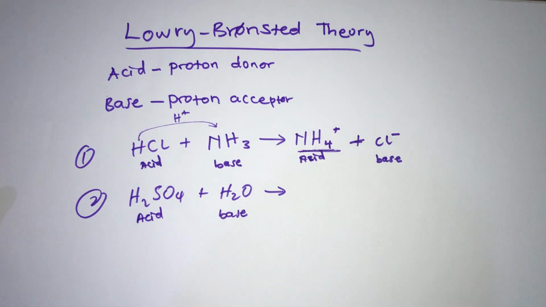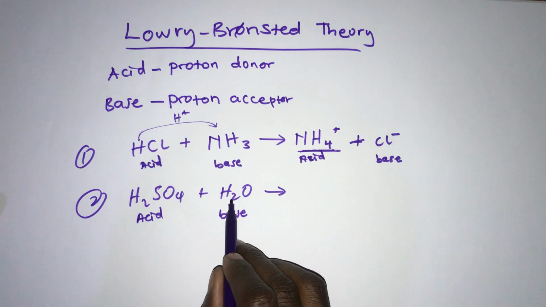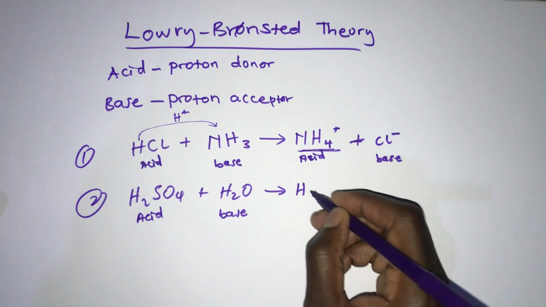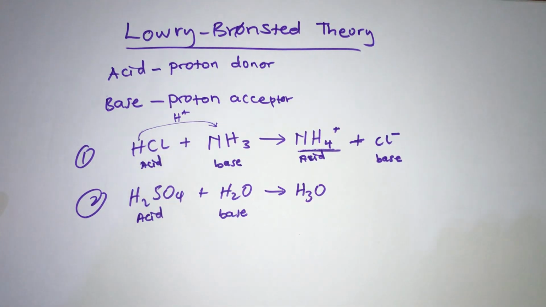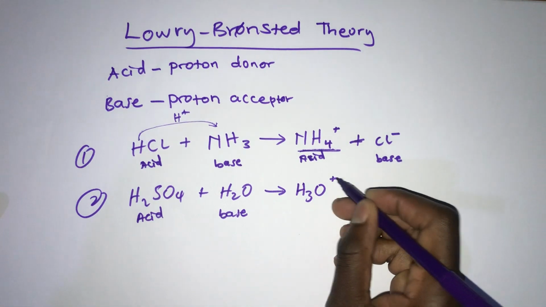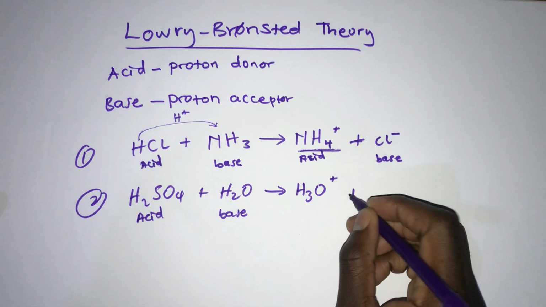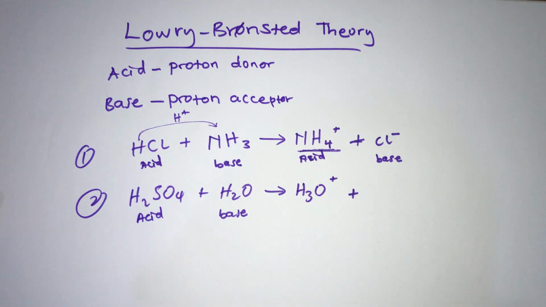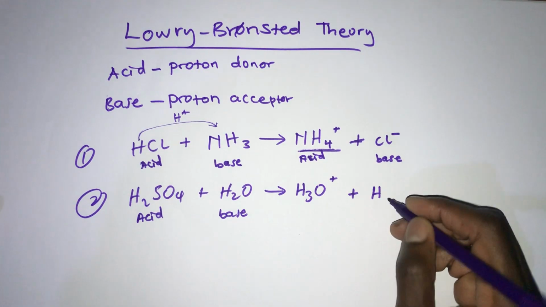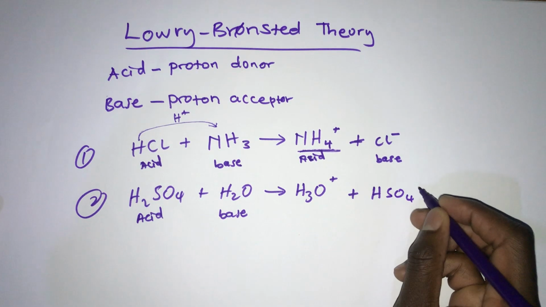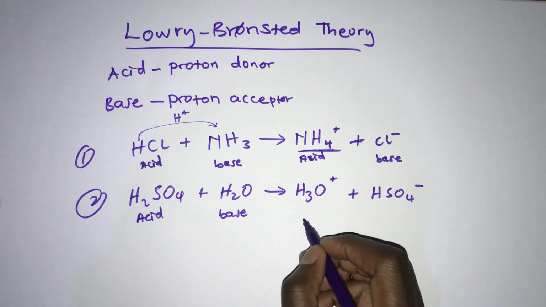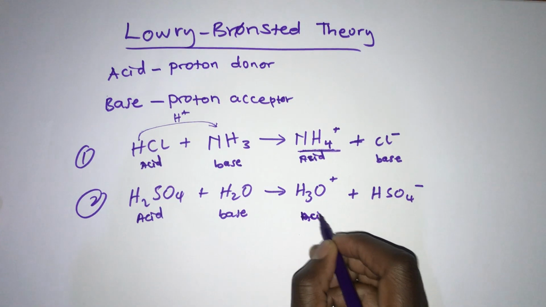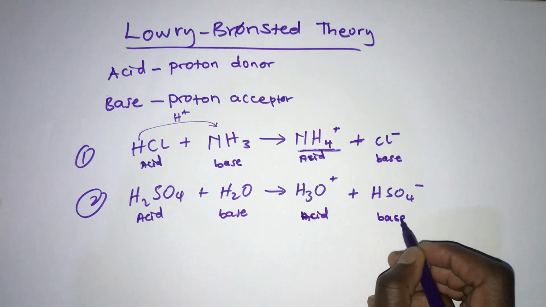An acid is going to donate the hydrogen, and the base is going to accept the hydrogen. Since water is going to accept the hydrogen, now it's going to be H3O. Instead of H2O, it accepted 1 hydrogen, so it is H3O plus. Since H2SO4 lost 1 hydrogen, or gave 1 hydrogen away, now we're going to be left with HSO4 minus. So now this one became an acid, and this one became a base.